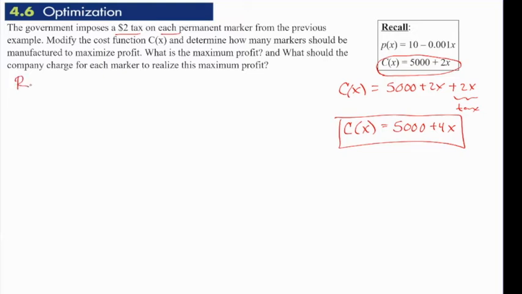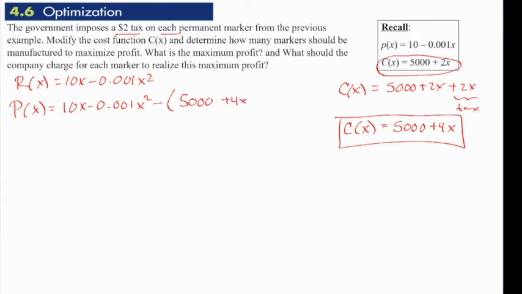So we have our revenue function, R of x, is equal to 10x minus 0.001x squared. The profit function is going to be 10x minus 0.001x squared, subtract the 5,000 plus 4x, and we're going to simplify the profit function and express it as a polynomial in standard form.